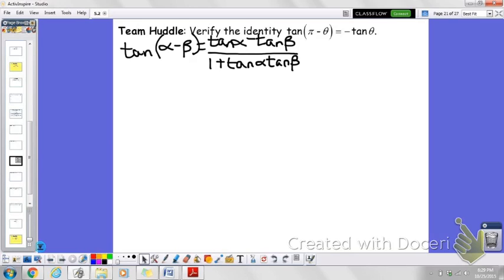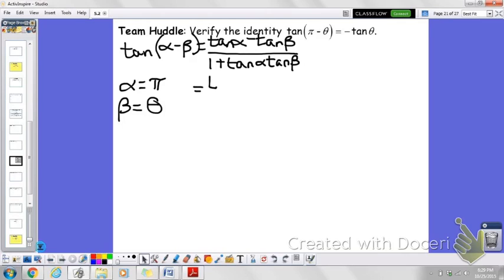So now we know what alpha and beta are. Alpha is equal to pi. Beta is equal to theta. So now we just need to substitute these into our formula.